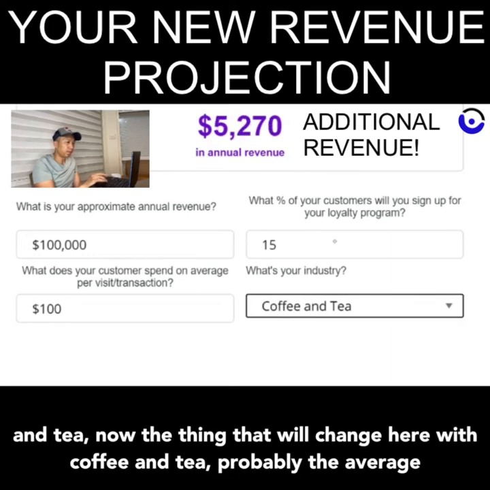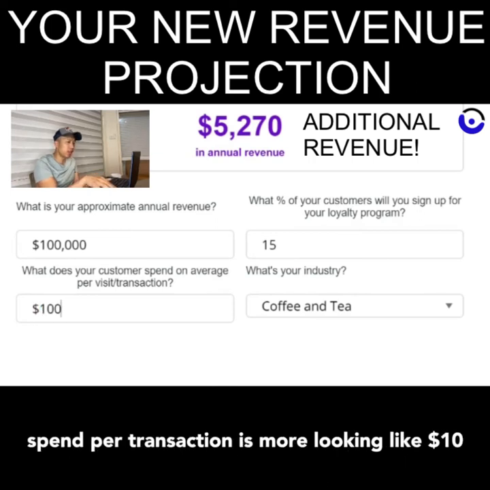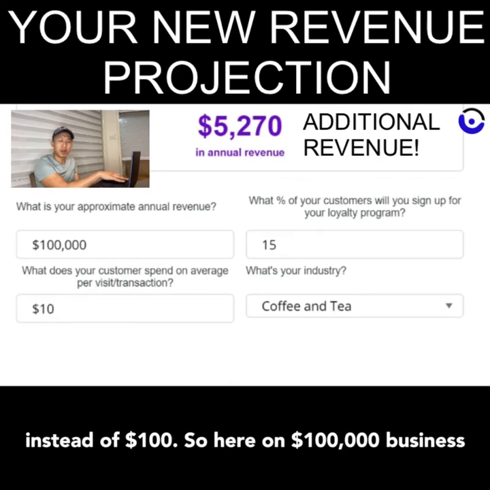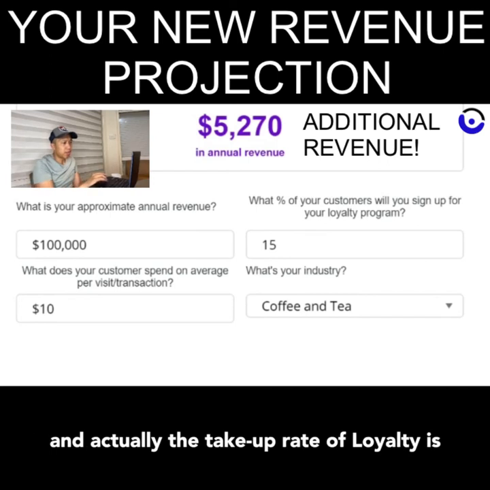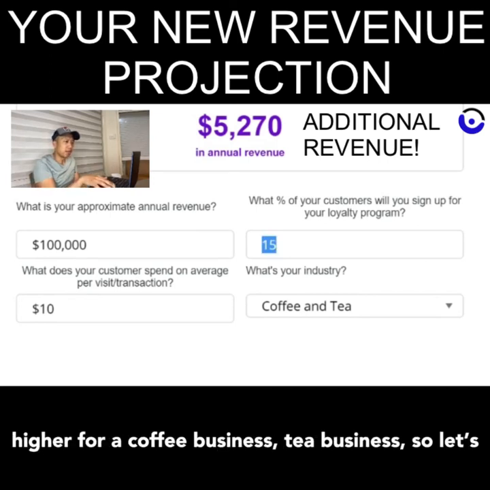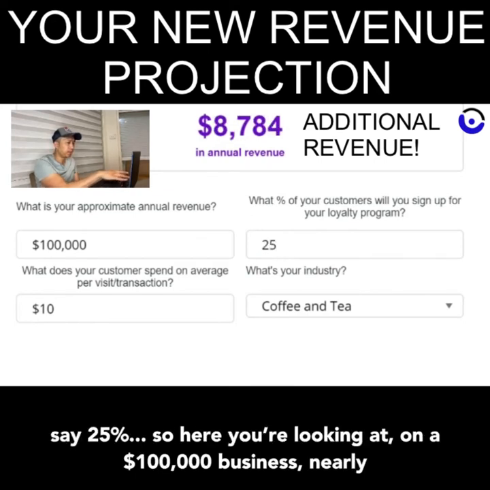The thing that will change here with coffee and tea is that the average spend per transaction is probably looking more like $10 instead of $100. On a $100,000 business, and actually the take-up rate of loyalty is higher for a coffee or tea business, so let's say 25%.